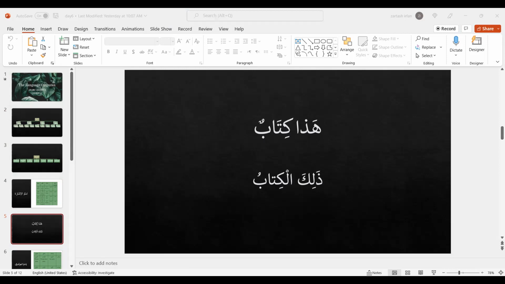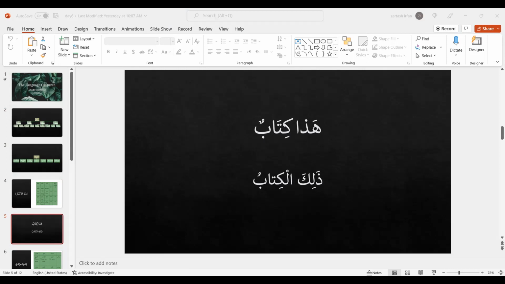So, Haza kitabun, this is a book, is a complete sentence. Here the Ismul Ishara is Haza, the pointer word. What we call the word which we are pointing to is called in Arabic Musharun Ilayhi.